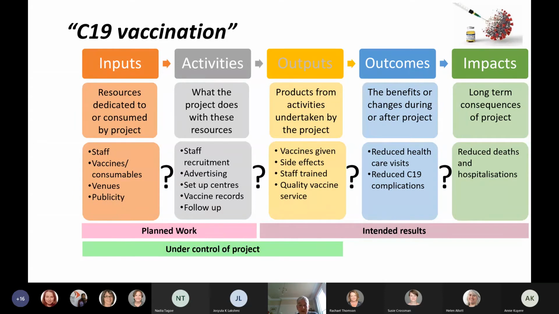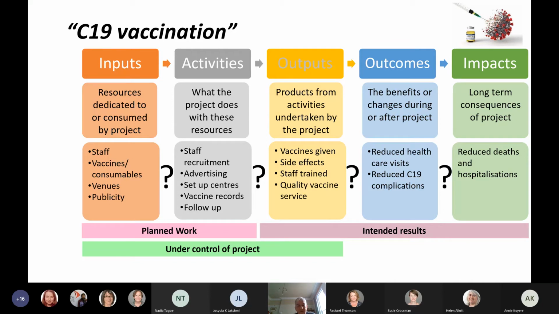However, the first three are what you are responsible for. So when you're asked for, for example, the proposal we're just putting in has asked for deliverables and milestones, those should only cover things up to the yellow boxes. So don't promise to deliver or count as a milestone something that occurs as an outcome.